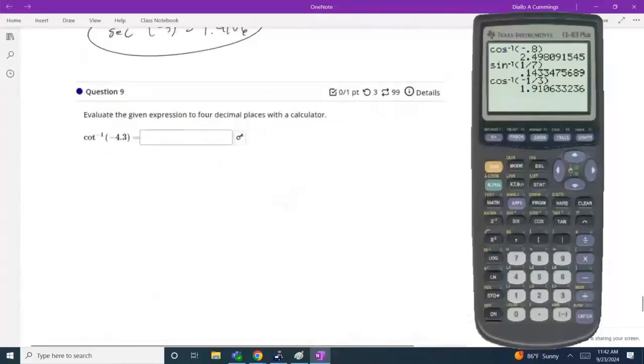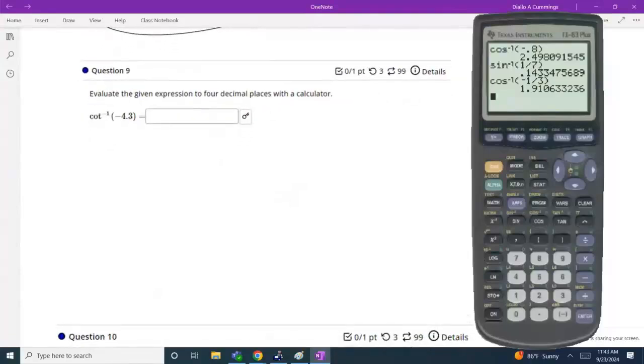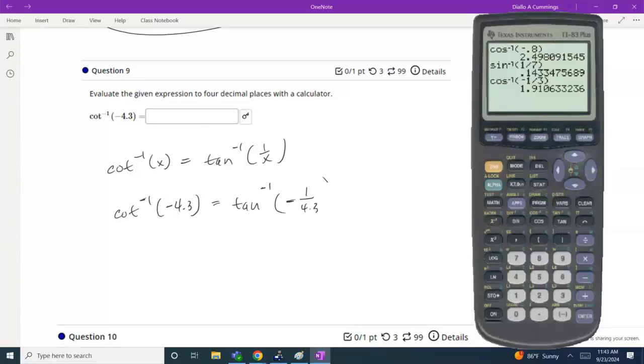Okay, and for the last one, the arc cotangent of negative 4/3. Here's that formula. The arc cotangent of x is equal to the arc tangent of 1 over x. So that means the arc cotangent of negative 4/3 is equal to the arc tangent of negative 1 divided by 4/3.